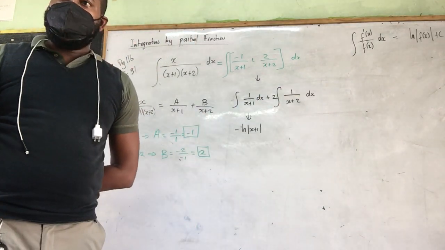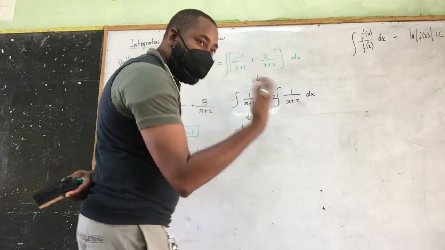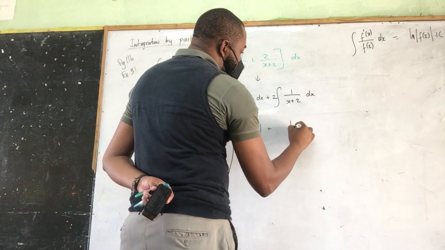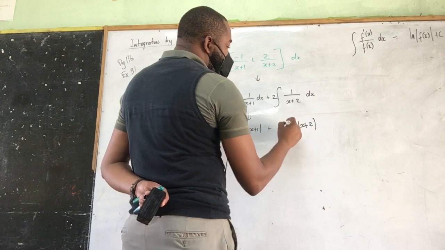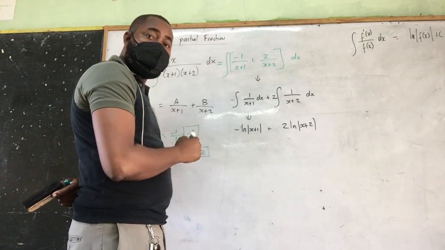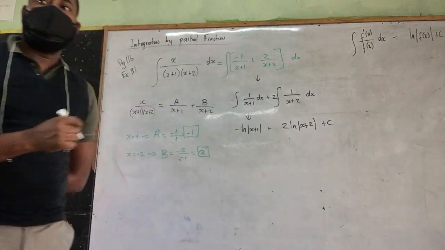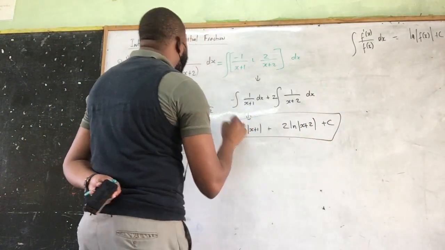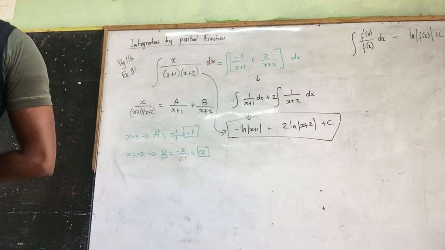So now the numerator is the exact derivative of the denominator. So this becomes natural log of x plus 2, and this 2 comes down here. And then complete the integral. So the integral of this is that, a partial fraction.